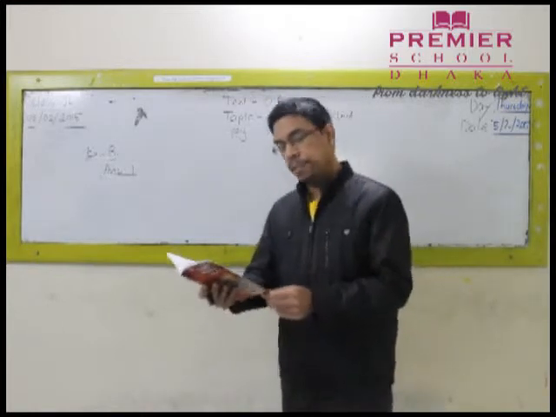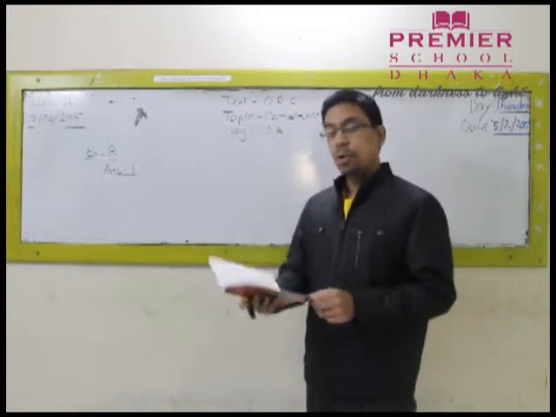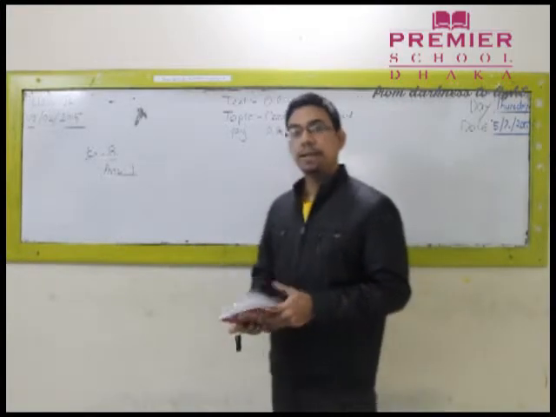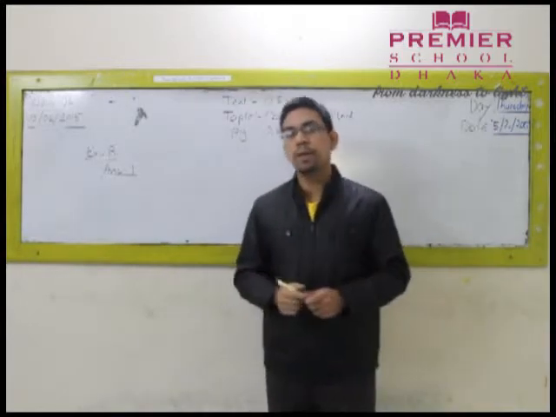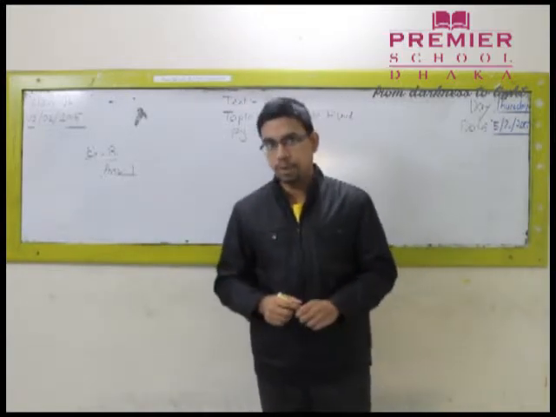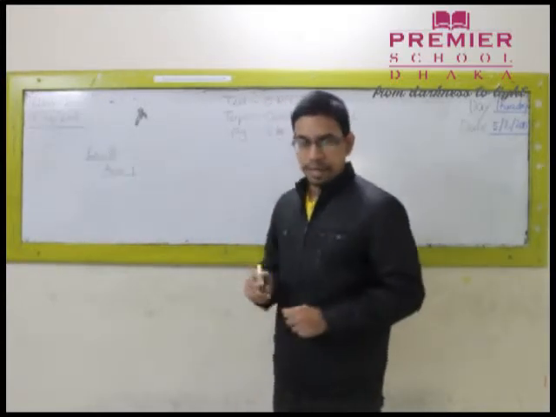Boys and girls, please look at page 28, exercise B, question number 1. It says, who is Mr. Plod and what is he like? They're asking 2 points here. Who is Mr. Plod and how is he, or what is he like? I'm going to write the answer for you.